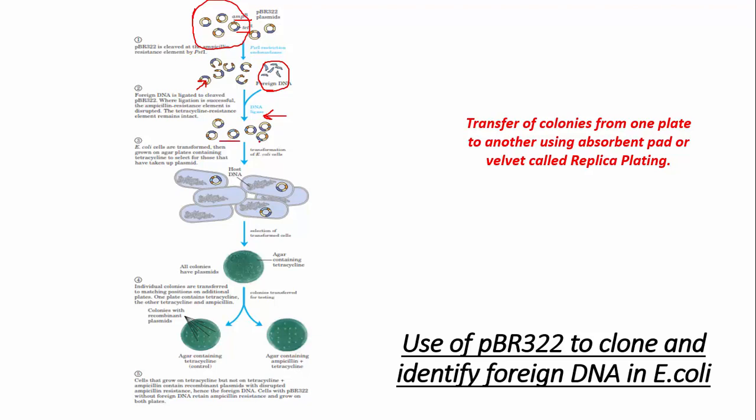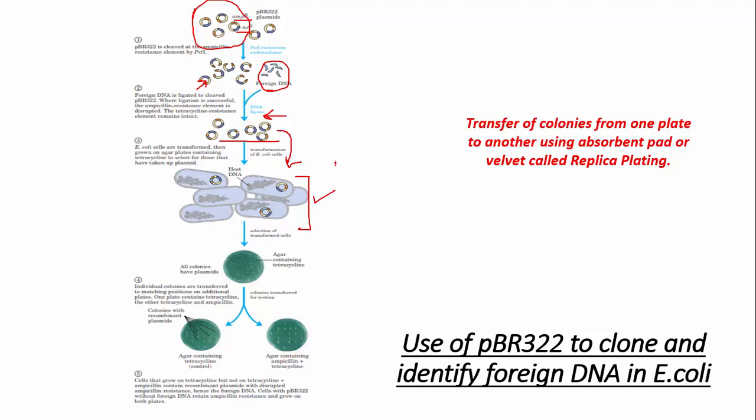So next what we do, we transfer this chimeric or recombinant plasmid to our bacterial host cells. How do we transform the bacterial cells? As we studied in the previous slide, there are two methods.